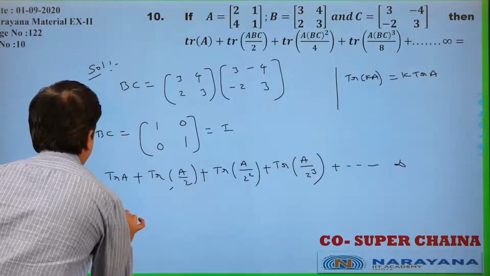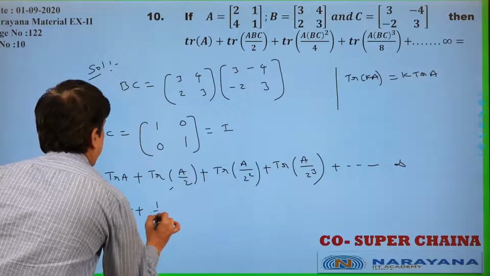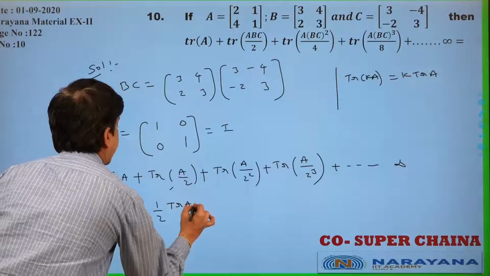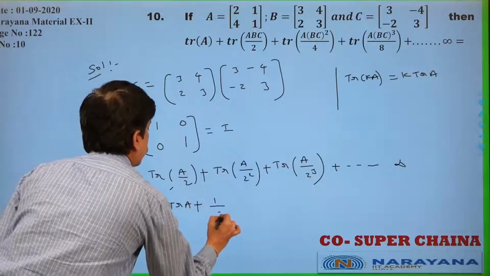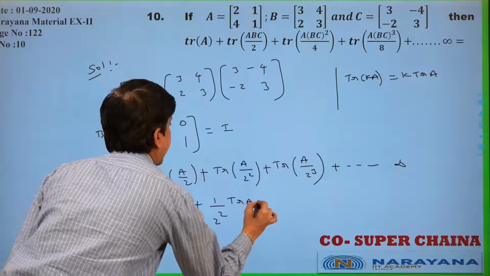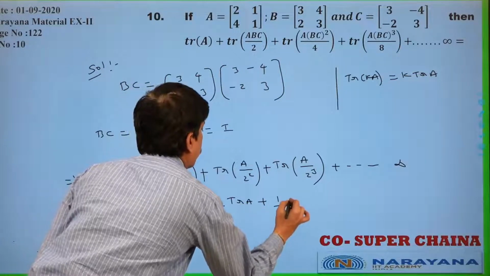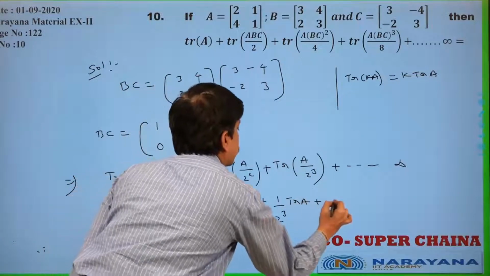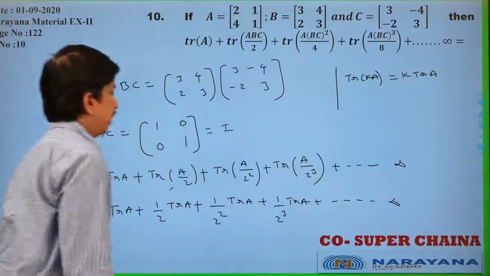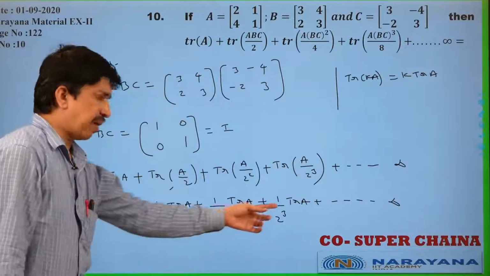Now, trace A plus 1 by 2 into trace A plus 1 by 2 square into trace A, 1 by 2 cube into trace A, so on up to infinity we are getting. Everywhere trace A is common only.